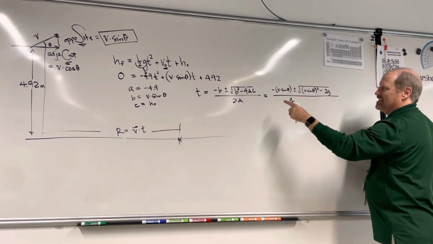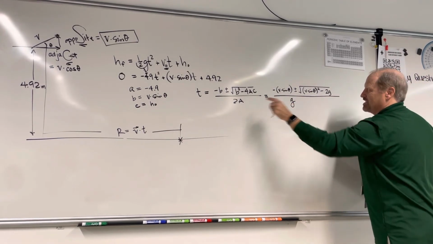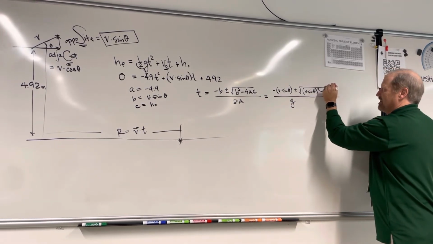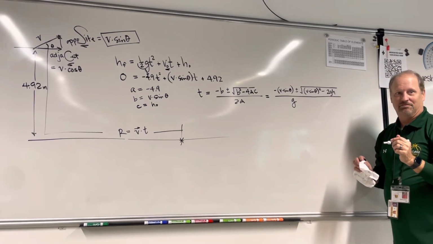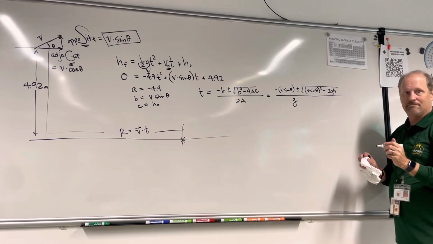And then what is c? Your initial height, so 2gh. Right? So far, so good?